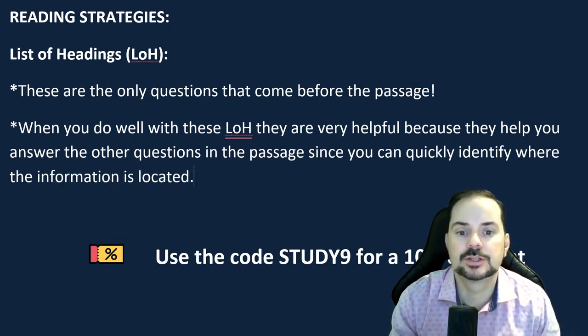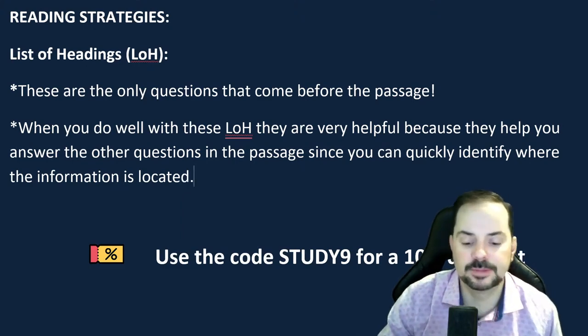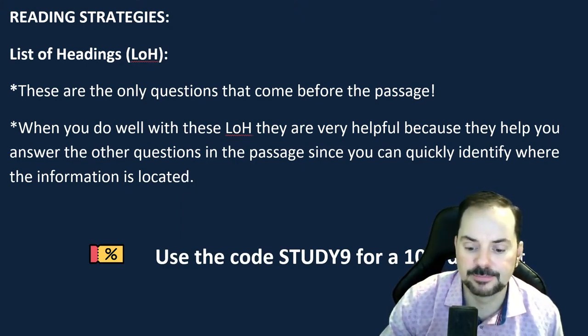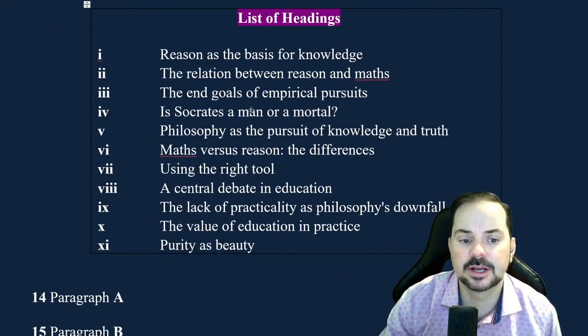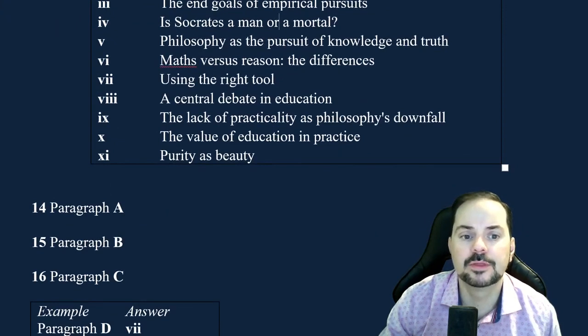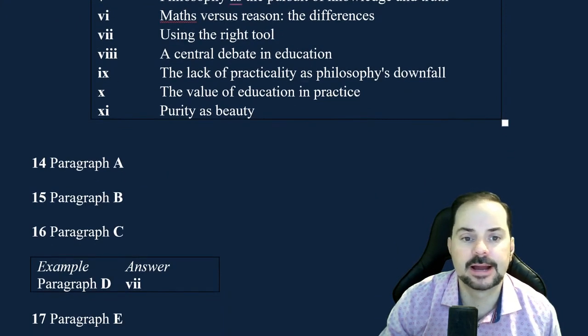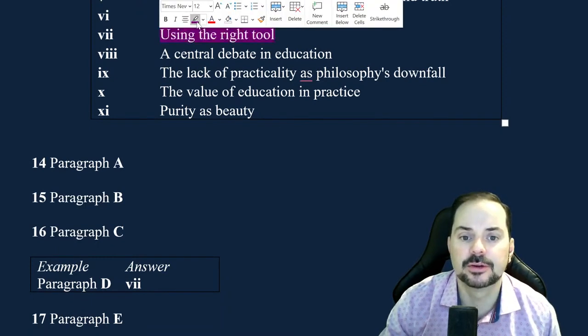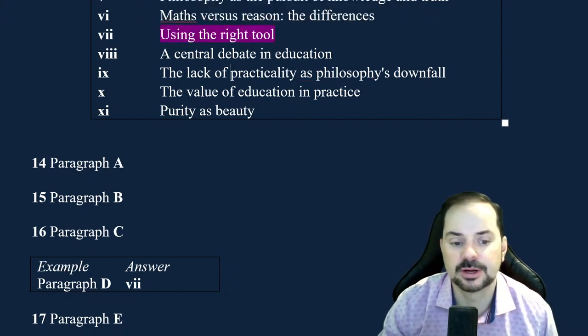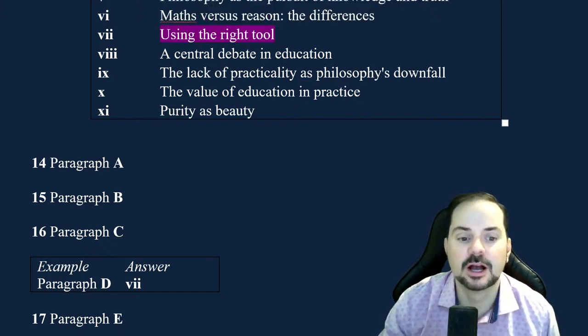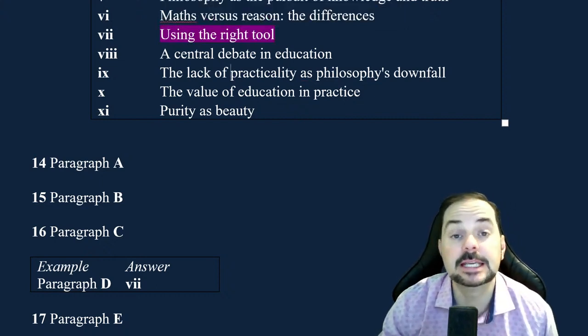Okay? So let me show you, even before we read here, what I mean by that. Let's say that we know that paragraph C is about using the right tool.